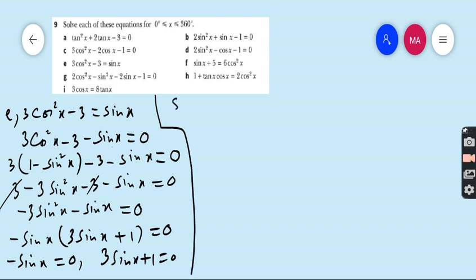Minus sin x is equal to 0 or sin x is equal to 0, no difference, because minus 1 shifted to divide by 0, which is 0. So the first equation is sin x is equal to 0, x is equal to sin inverse 0.